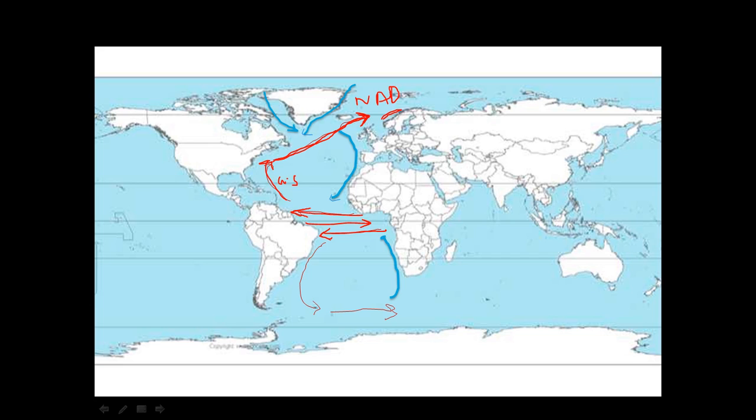Now once the cold water will migrate from the poles towards the lower latitudes. So here we have this is the Labrador current, this is the Greenland current, or the Irminger current.